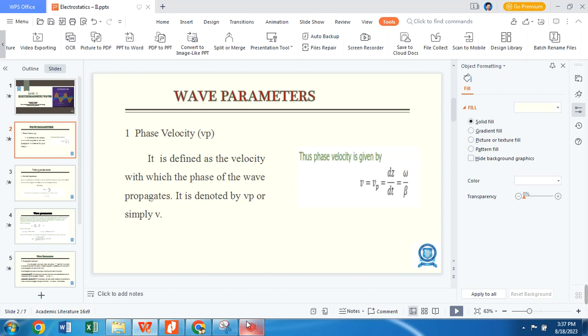It is denoted by Vp, or simply we call it V. In other words, the phase velocity indicates the propagation of the z coordinate in the argument of cosine functions. Therefore, the phase velocity is given by V = Vp = dz/dt = omega/beta.